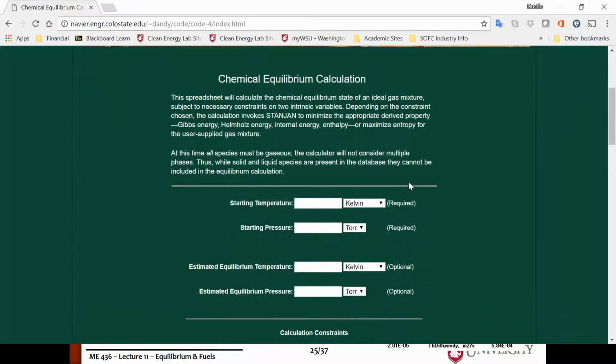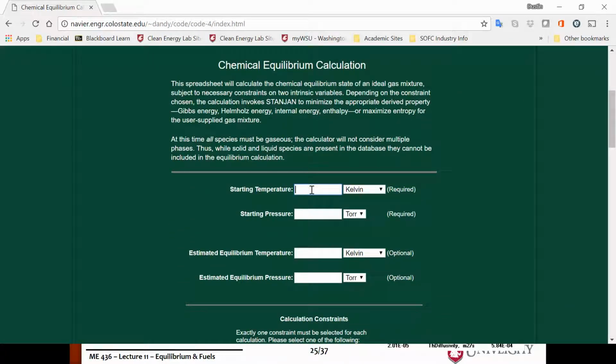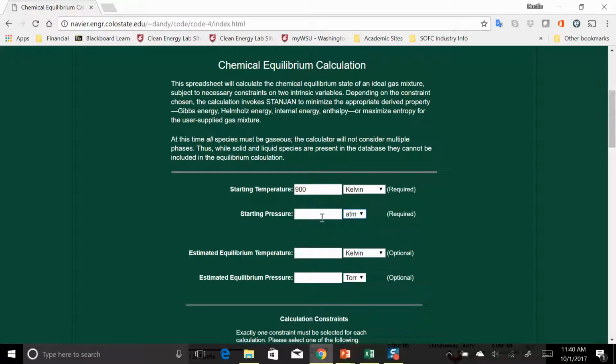It's a chemical equilibrium calculation. Let's say I have fuel starting at 900 Kelvin, and let's say that it's at 10 atmospheres. And I'm just going to estimate that it's somewhere around 2500 degrees when it's done.